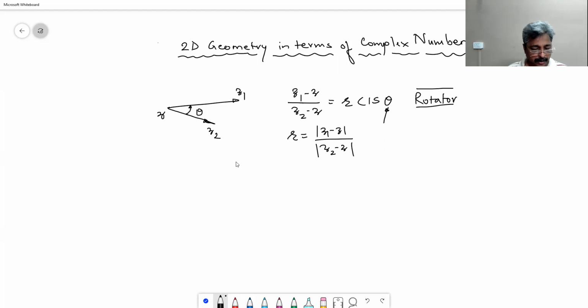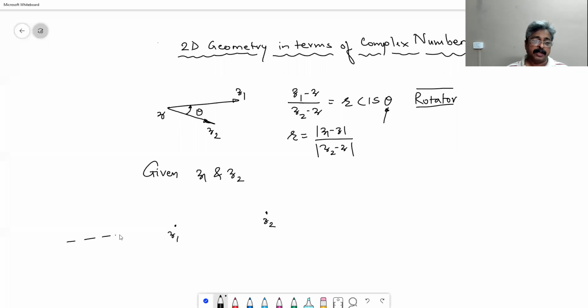Fair enough. So now we want to figure out, suppose you have been given complex numbers z1 and z2. Suppose one complex number z1 is given somewhere here and z2 is given somewhere here.